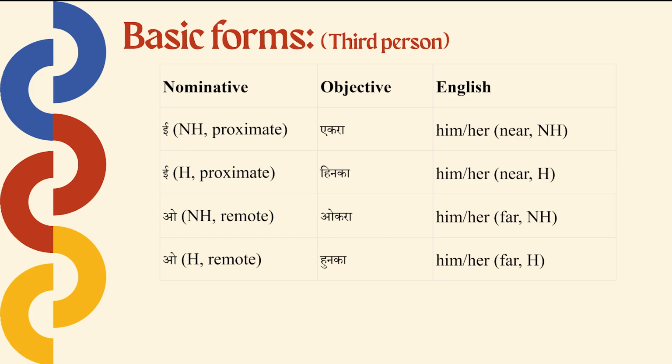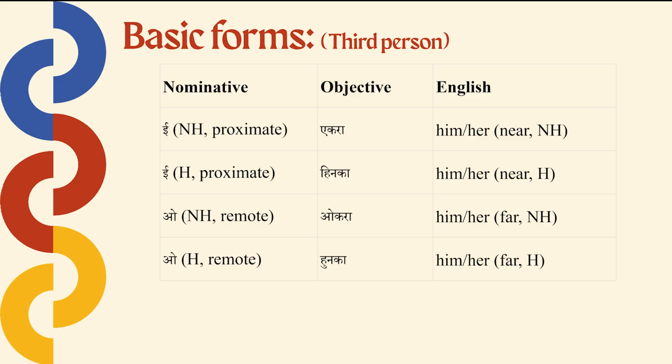So, here in the first column you see the nominative forms of the third person pronouns. So, e, which is this, then again another e, which becomes honorific. It means basically the same, but in honorific it becomes different. So, e, e and o are all singular third person pronouns, but when it comes to objective position, you see that there is a difference in honorificity.